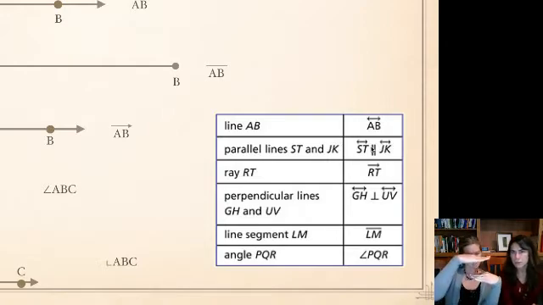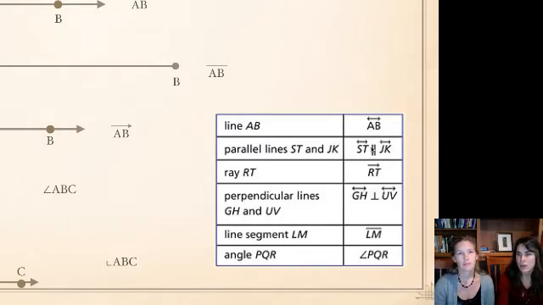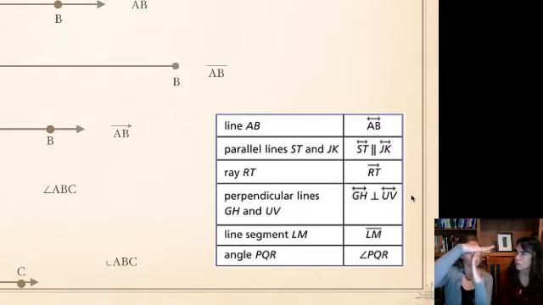Like these two, if they went on forever, they would never touch. And then down here, perpendicular lines have this symbol, which shows that they are intersecting in some way, and perpendicular just means 90 degrees. If you see it, it looks like an upside down T.